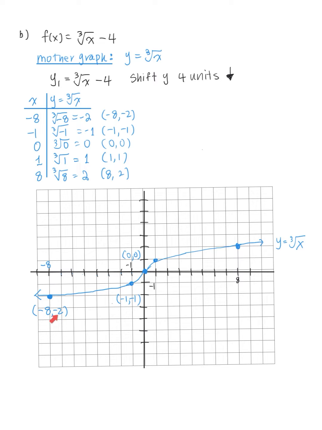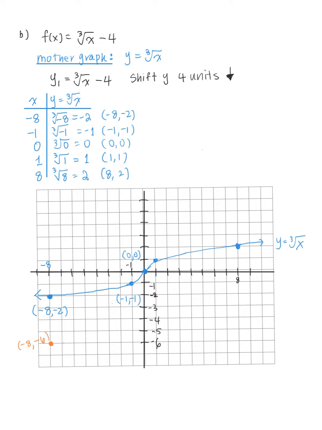So let's just plot where that is. Let me see. Where's -6 here? Hold on. -2, -3, -4, -5, -6. All right, so here we're going to be plotting this point. So this is (-8, -6).